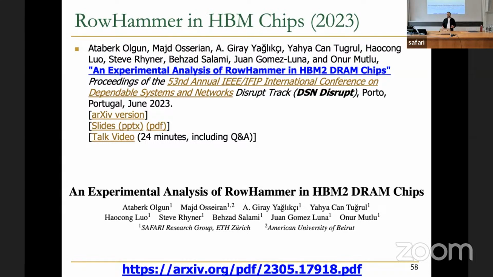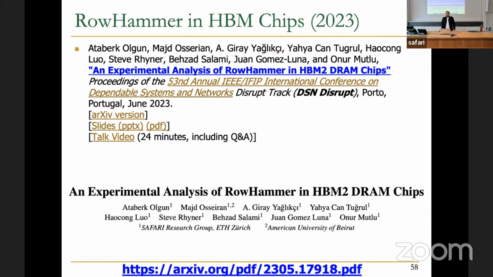And we show that it's not only DDRx, like DDR3, DDR4, DDR5. LPDDR series are also vulnerable to RowHammer. HBMs are also vulnerable to RowHammer. And understanding the vulnerability of HBM chips today is quite relevant because now you know that we have all these advanced AI models and workloads that run on GPUs and things like that.